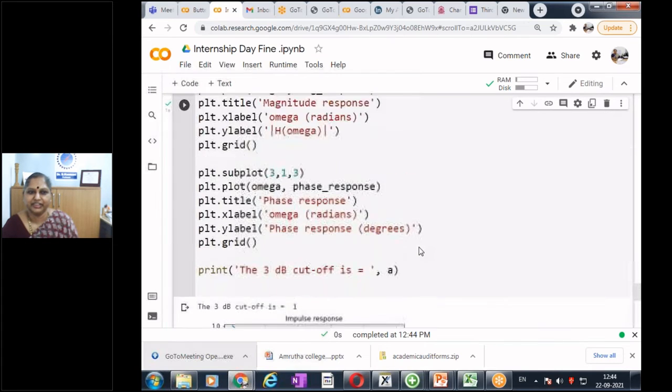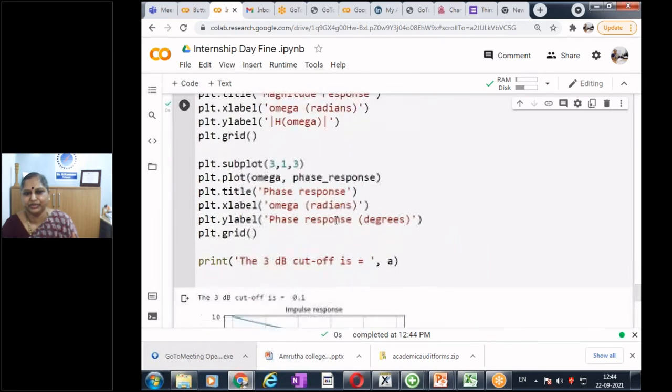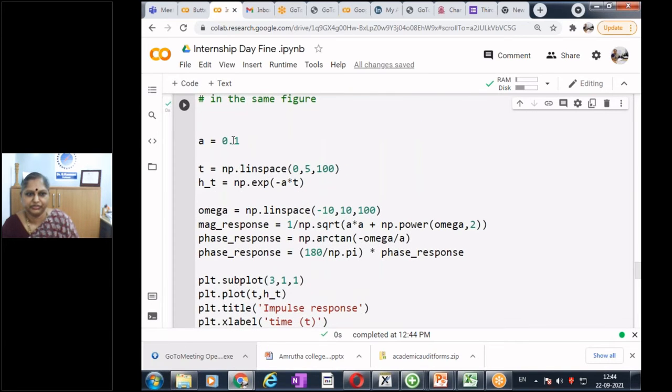Now if I change A to 0.1, it decreases so slowly in time. But in the frequency response, the cutoff frequency has reduced because my 3 dB cutoff is only 1. Whichever layout you prefer, I think 1, 3 was better.